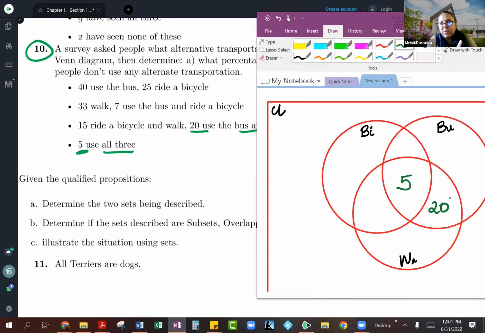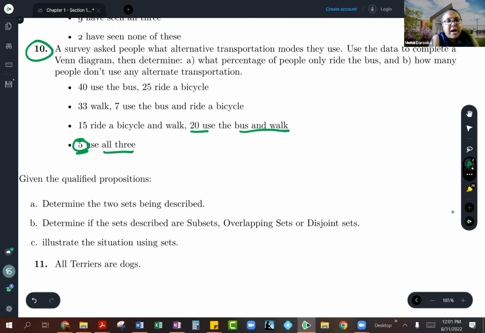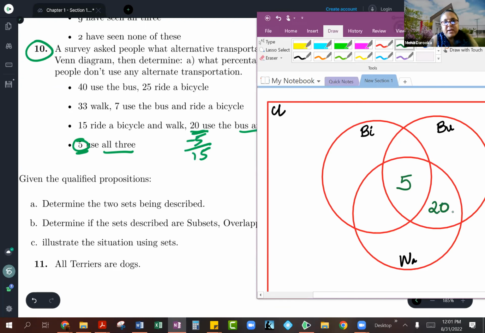Oh, actually, no. Sorry, my apologies. Because we already did the 5, because that 20 also has the 5 who use all 3. So we will actually be subtracting 5 from that. I didn't think about that. So 20 minus 5 is going to be the bus and walking.